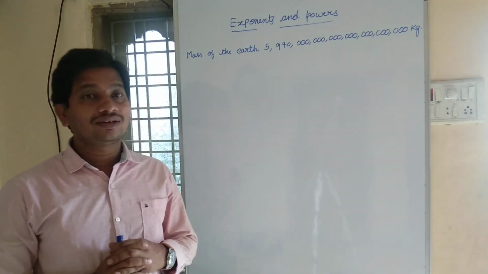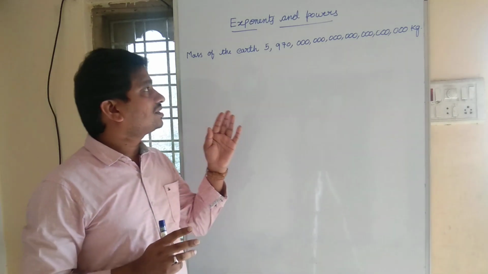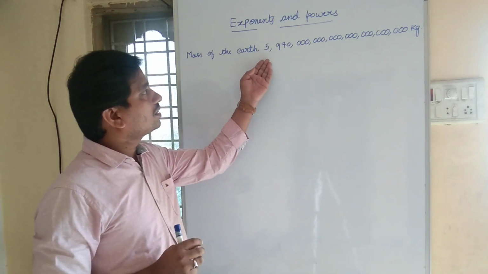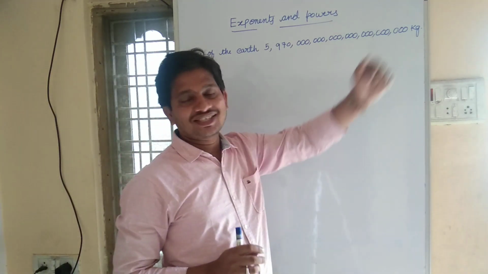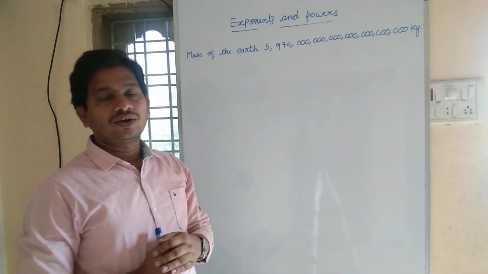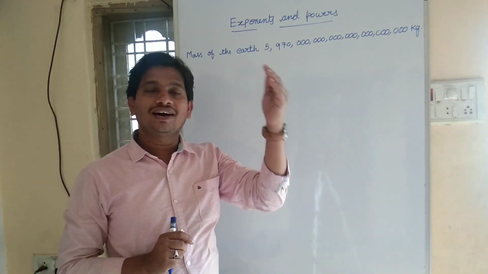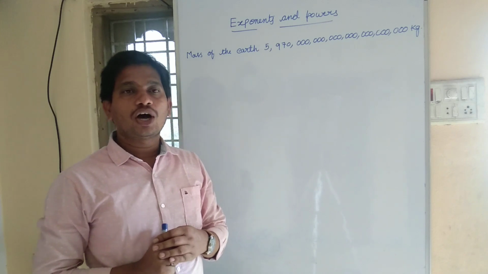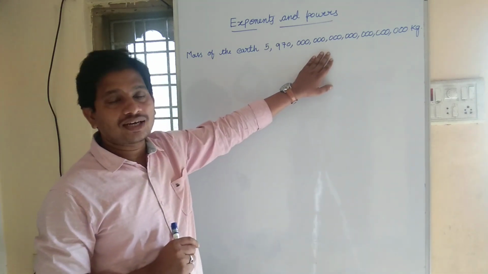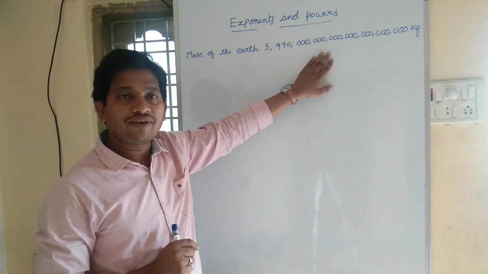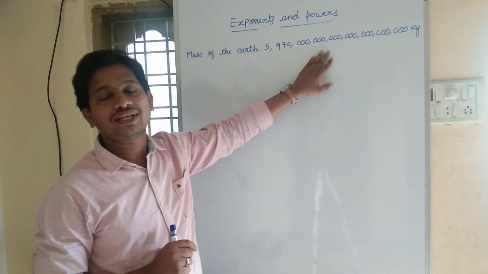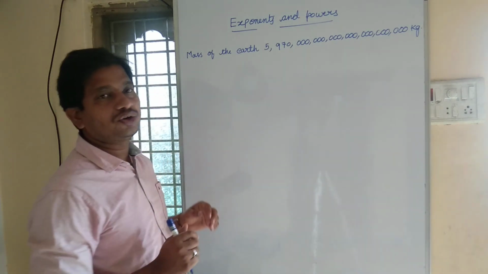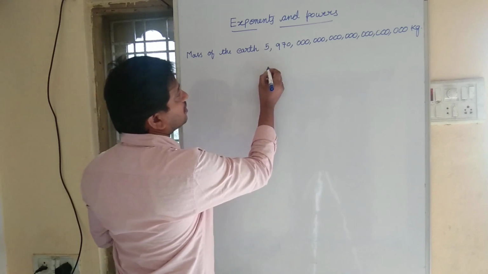Do you know, children? The mass of the earth is about this much in kgs. We have already learned in earlier classes how to write such large numbers more conveniently using exponents. Children, do you know how to write such a large number?